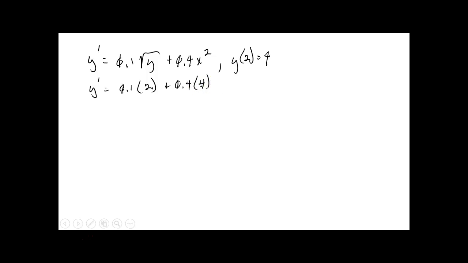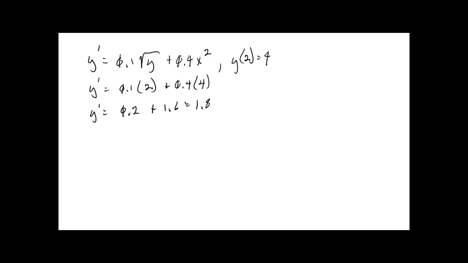So what we have now is y prime is equal to 0.2 plus 1.6, which is 1.8. So there's your slope at that point. Exactly. We know that.